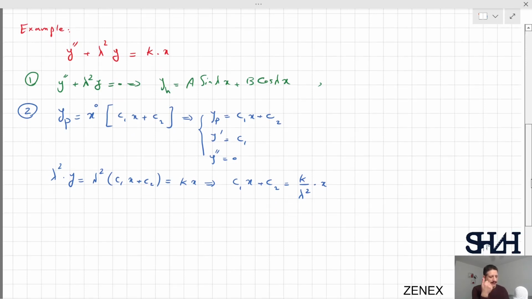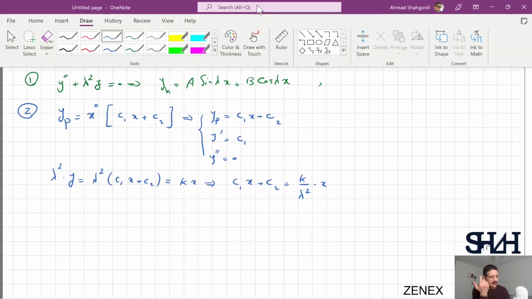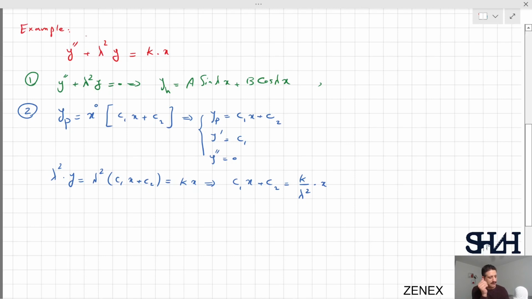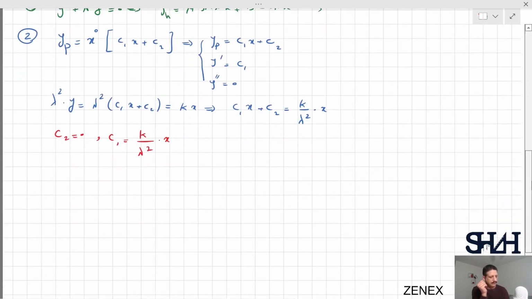And you can see that as far as there is only x on the other side of the equation, c2 will be 0 and c1 will be k divided by lambda². Particular solution will be k divided by lambda² times x.